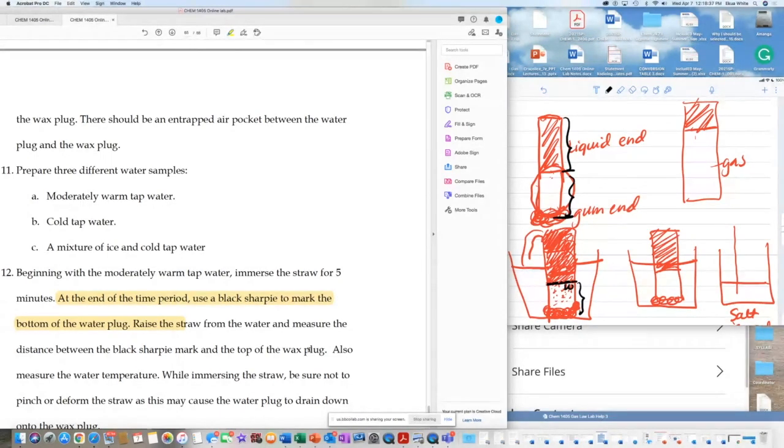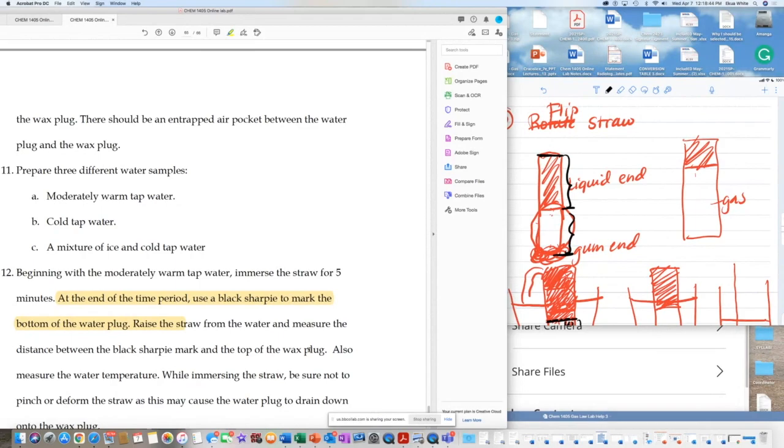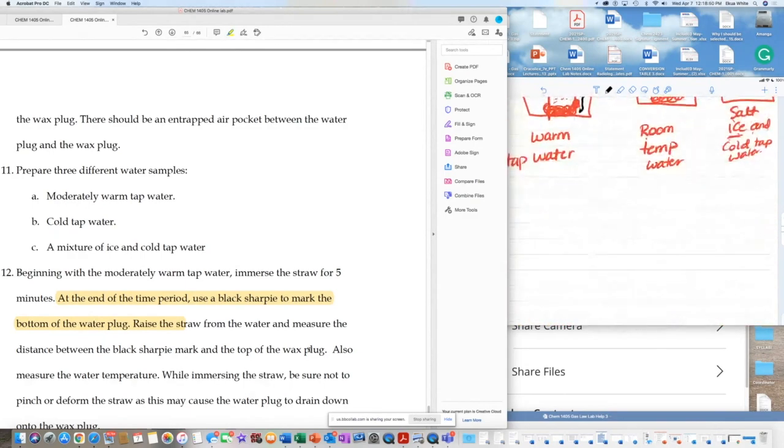I personally think that this height here is more consistent, not the liquid, just this end here. So I would say measure the liquid height, so the height of the liquid right here. And then remember, the length of straw is equal to length of the liquid plug plus length of the gas.